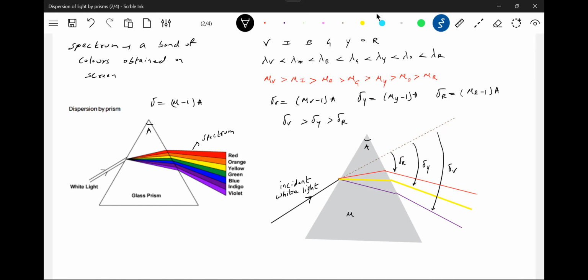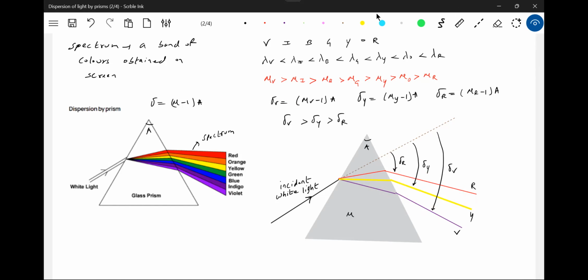So violet, yellow, red color light here. This is what we obtain as the spectrum. I'm showing this in an image; this is what the textbook diagrams will look like. So why will the violet have more deviation than the red? This is the basic formula.